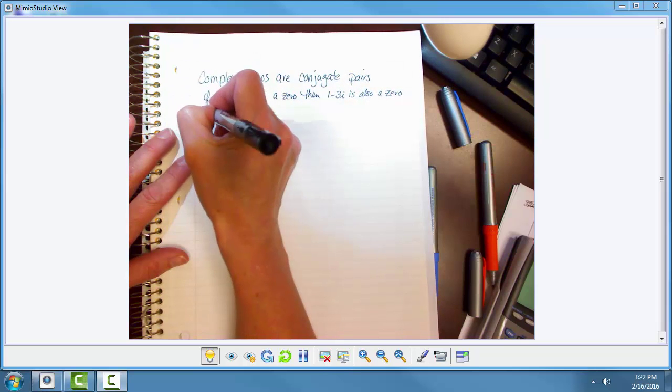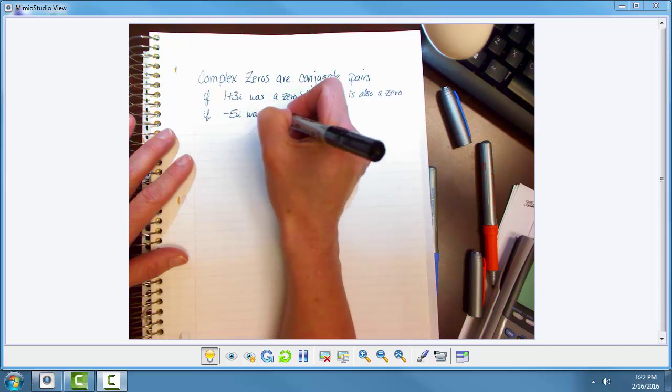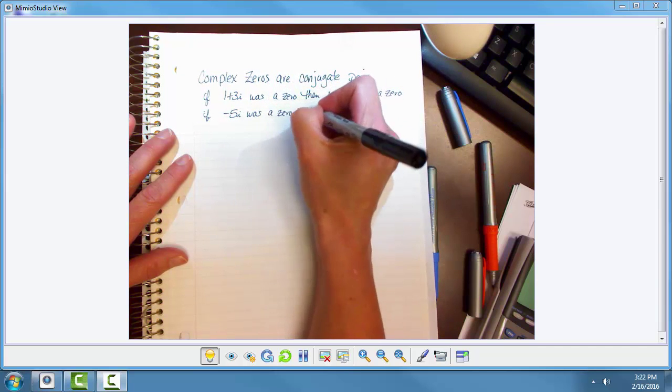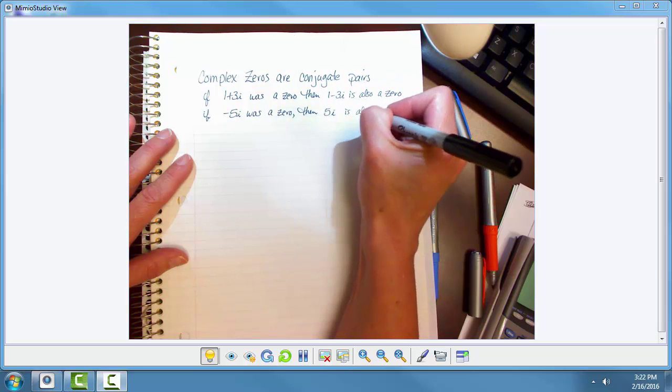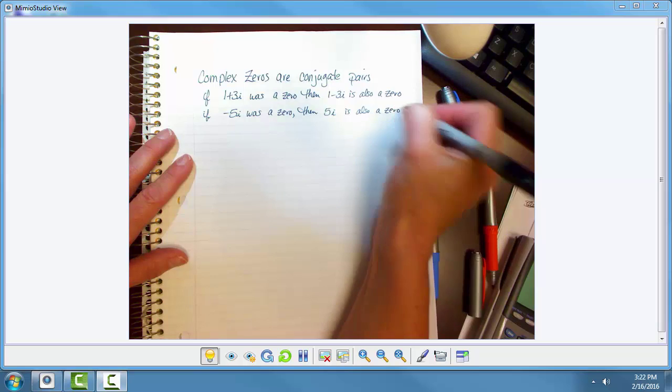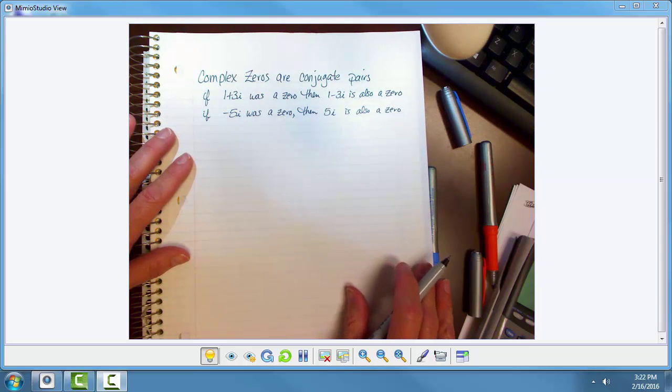Same thing if negative 5i was a zero, then so is positive 5i. Okay? So that is also true of radical zeros.